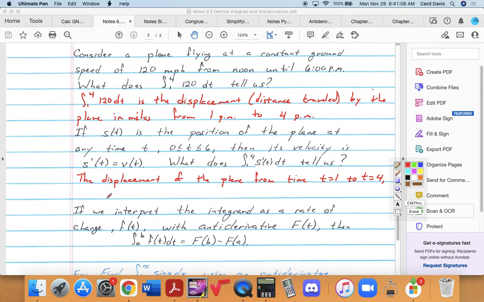And the displacement would be S of 4 minus S of 1, right? That's how you find displacement. So if you'd done the integral of the position, what would you have gotten? The integral of the position, I haven't the slightest idea what that actually tells you. At least not in the real world.